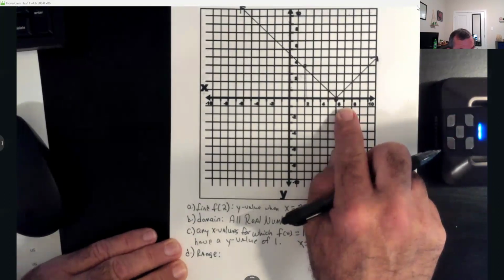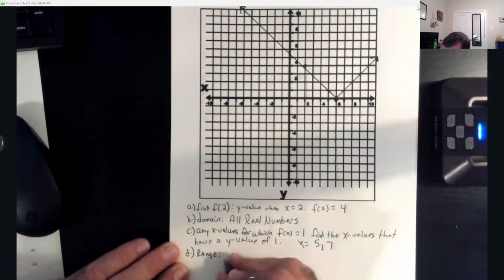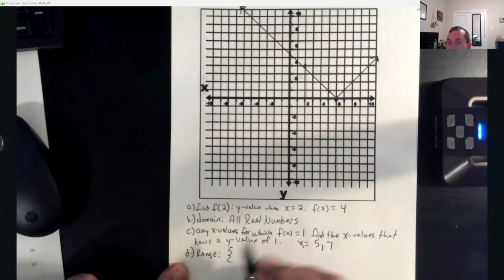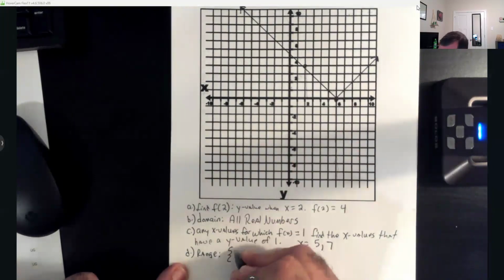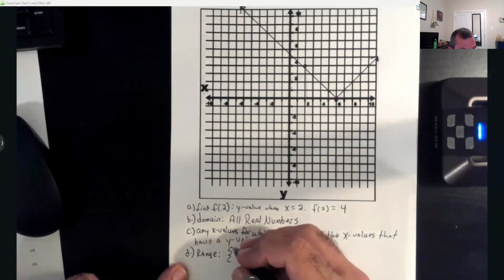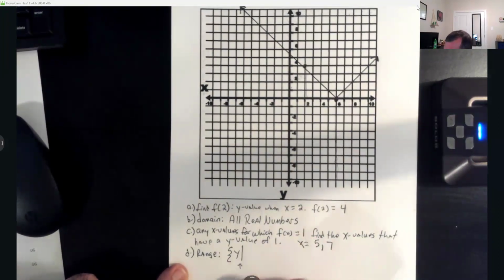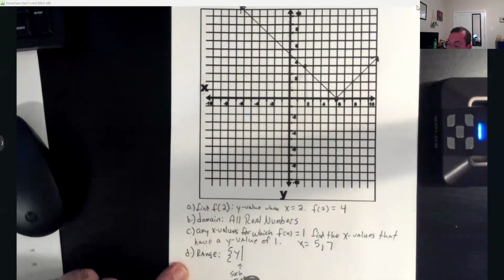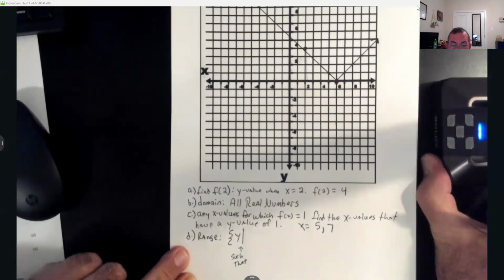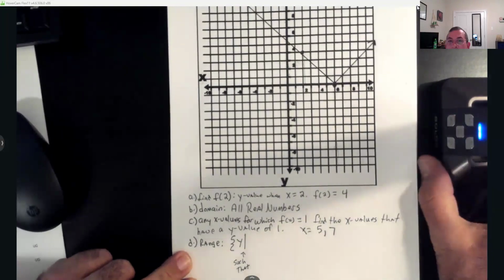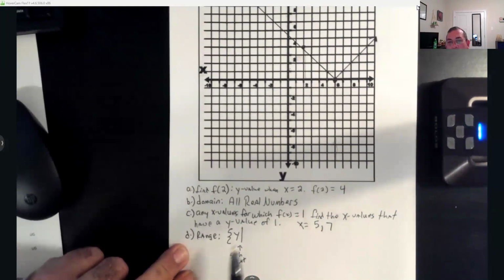So on a graph like this, we would say that the range is y such that, this bar means such that, and remember the range is the y values, right? So what do we know?